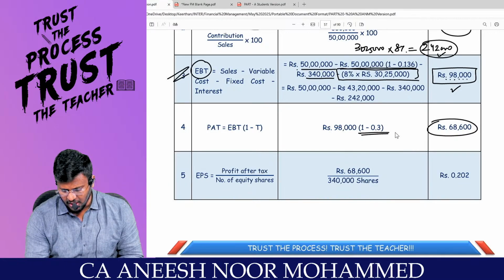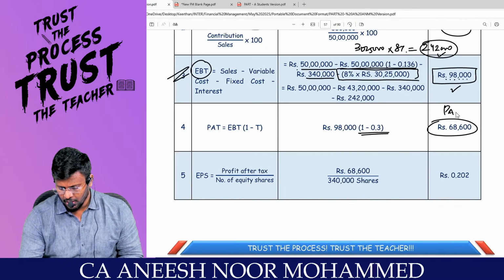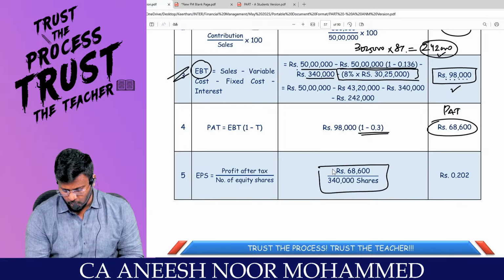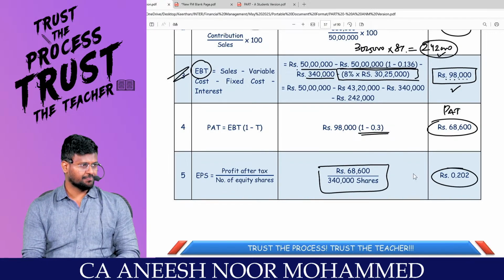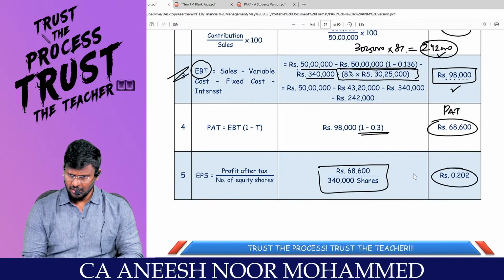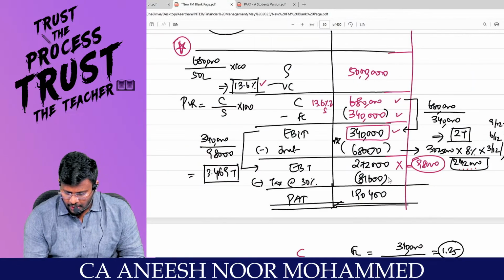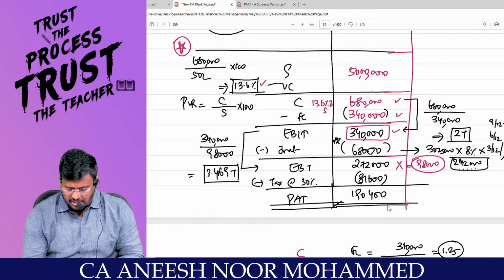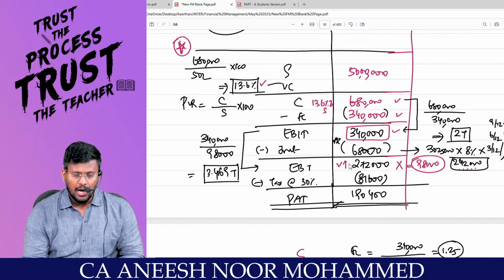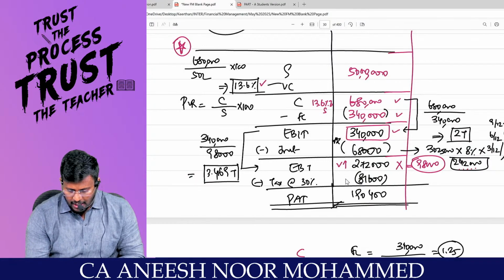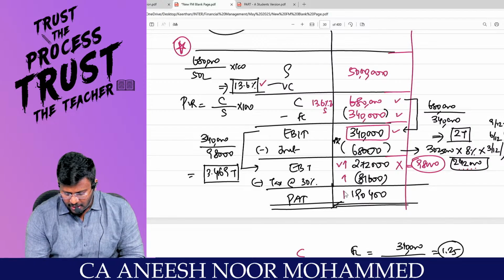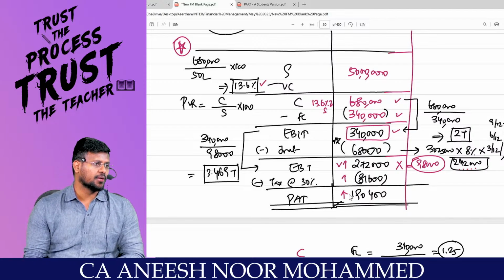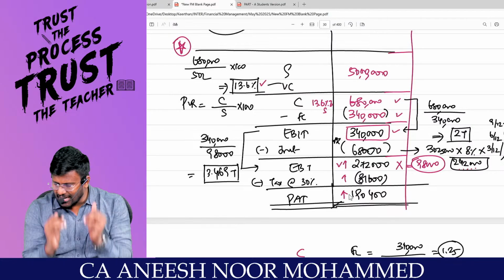From that pay 30% tax, you will have the PAT. So, PAT divided by number of equity shares, automatically what will change? EPS will change. We have taken only 68,000 as interest. If we are taking only 68,000 as interest, our EBT will be more and we are liable to pay more tax. Automatically we will have more PAT. Are you really with me? Because we have reduced the interest.